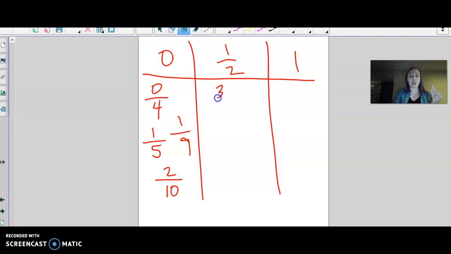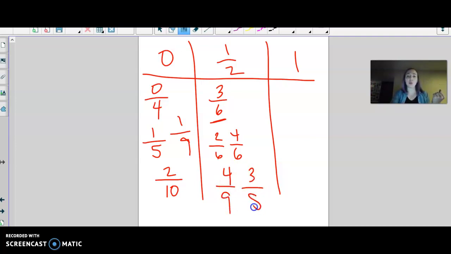1/2. Think of like 3/6 is exactly 1/2. So if I had something that's close to that, like 2/6 or 4/6, those are both closer to 3/6 than to 0 or 1. If I have, say, like 4/8 is exactly half, so 4/9 is pretty close to half, or 3/8 is pretty close to half.